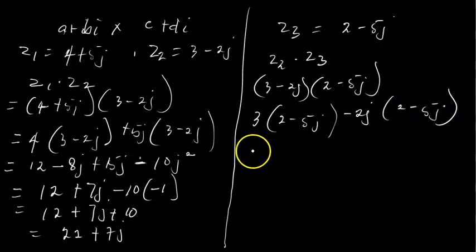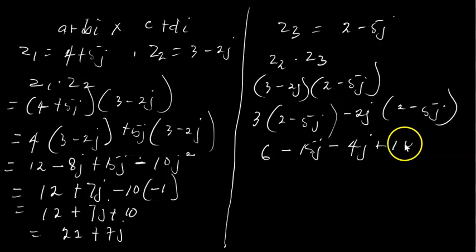So I now have 3 times 2, that becomes 6, minus 15j, minus 4j. Now minus 2j times minus 5j becomes plus 10j squared.